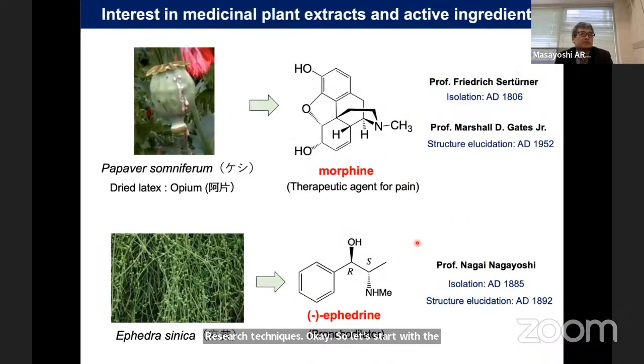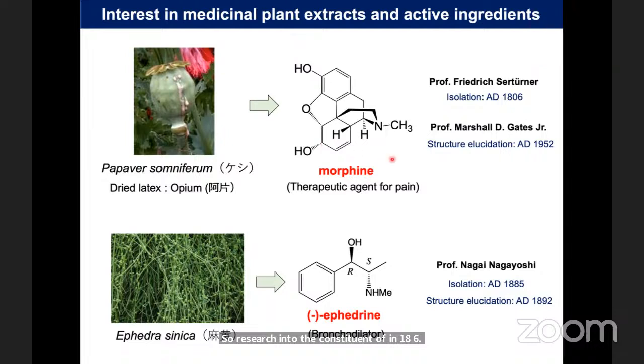As you know, the study of natural product chemistry developed from interest in the medicinal effects and the constituents of plant extracts. For example, poppy extract has long been known to have anti-pain properties. Research into the constituents of the poppy led to the isolation of morphine in 1806, and its structure was elucidated in 1952.